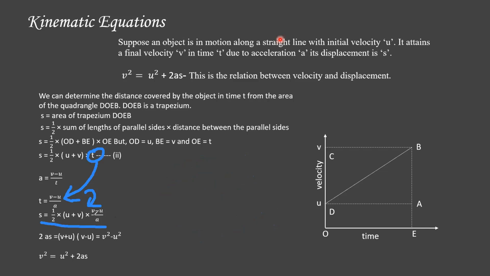So if you cancel this, you can also write t over here. And then you have s is equal to, so I have this step, I'll write this step over here. s is equal to 1 half into (u plus v) into (v minus u) by a.